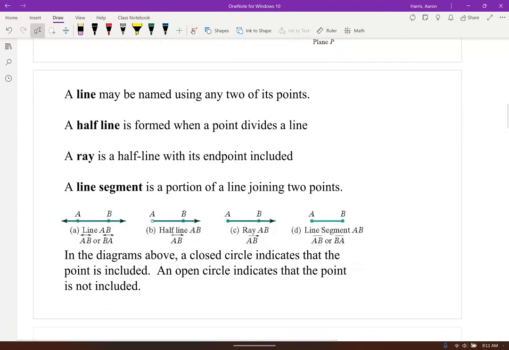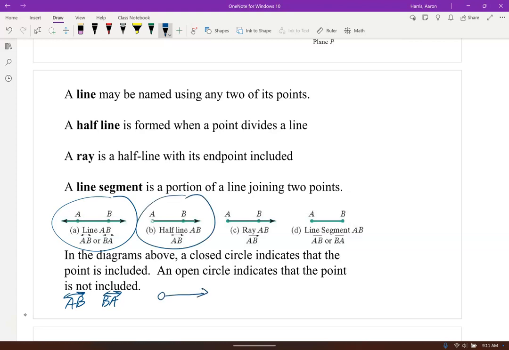We can name a line with any 2 points. So you can say that as line AB or line BA. You can have a half line, like that second case. Notice it has half line A through B. This is not including A because it's open right there.